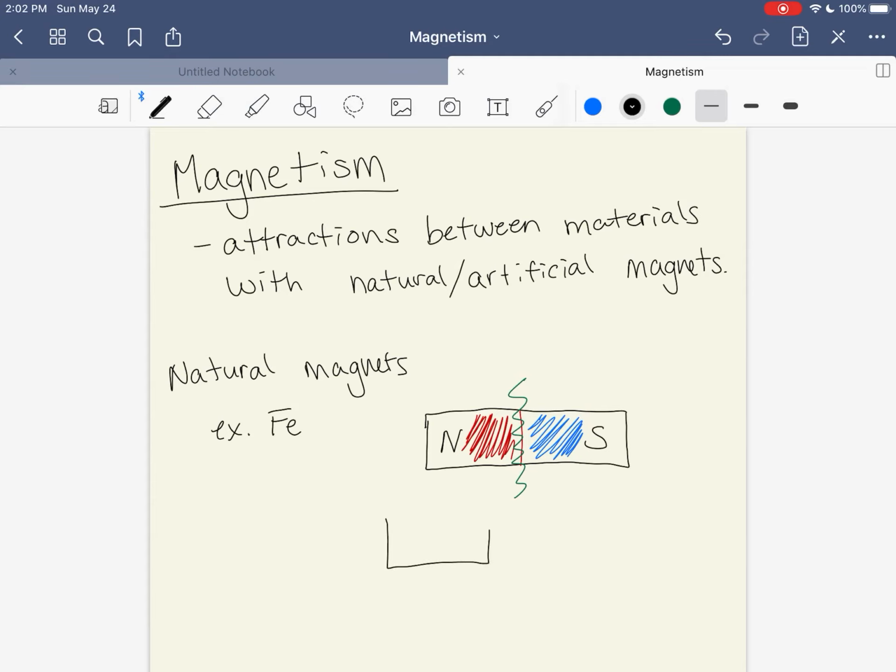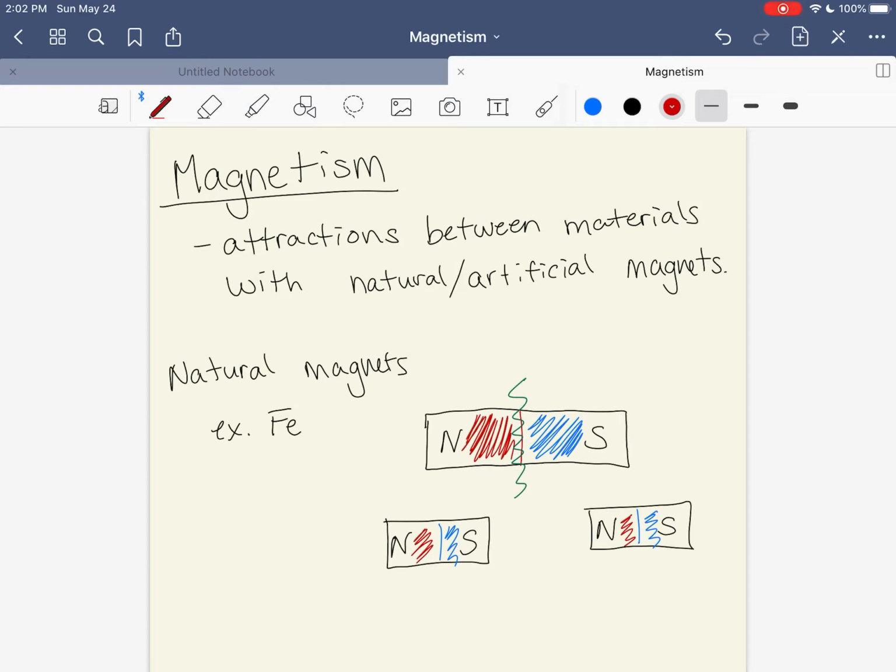We would make two pieces, and each of them would still have a north pole and a south pole. We would have just divided the magnet into two new magnets. So there is actually no way that you can make a naturally magnetic material have only one pole. There is always a north pole and a south pole.